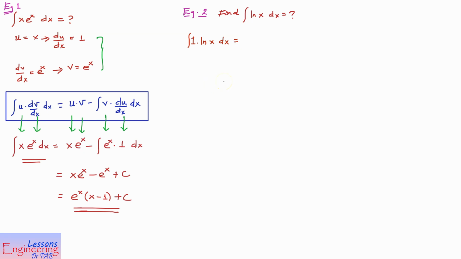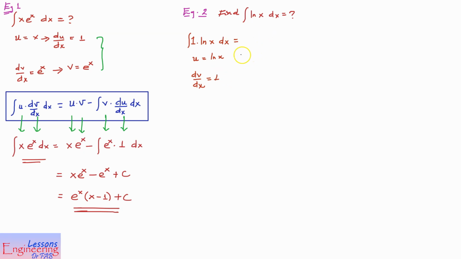We can go on and solve this now. The first thing to do is to always understand that we'll be looking at finding u and dv by dx. Let u be ln x, and dv by dx be 1.